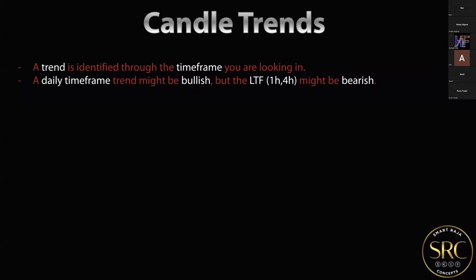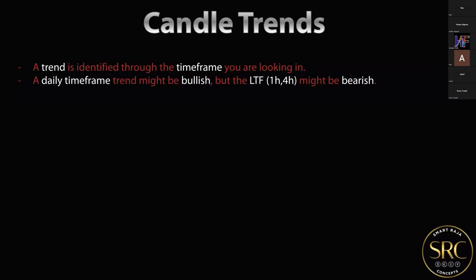So let's say, for example, a daily time frame trend might be bullish, but the lower time frame might be bearish. If you're looking at the daily and it's bullish, and you're looking at the New York session, it doesn't mean you're just going to take buys in the New York session.